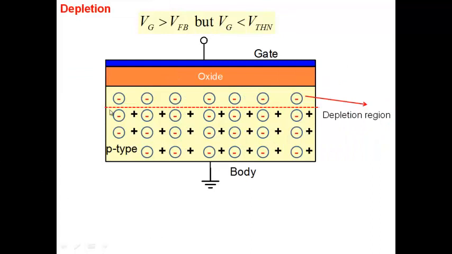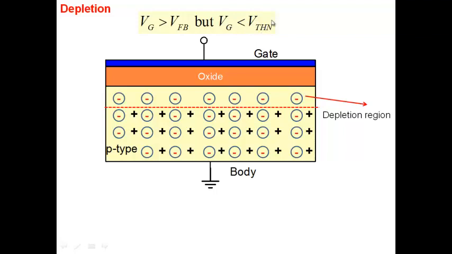So this is the situation then. For voltage larger than the flat band voltage and less than the threshold voltage, I have what we call depletion. Anything larger than the flat band voltage, the field is pointing down and pushing the holes away, so all this region is depleted of holes. But my voltage is less than the threshold voltage.